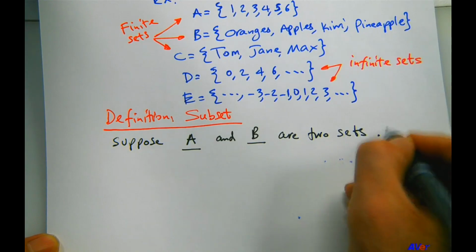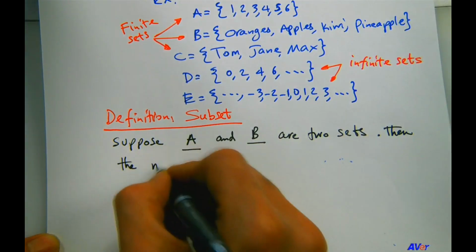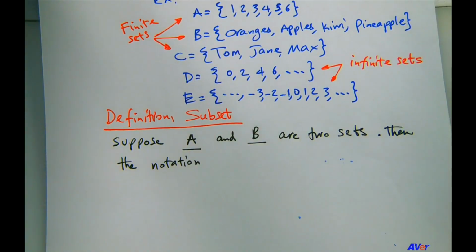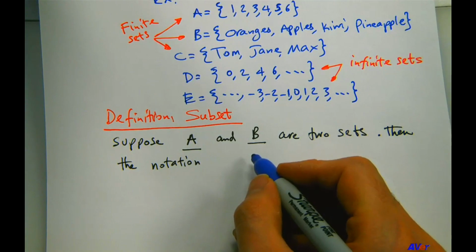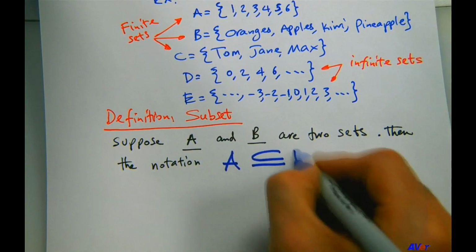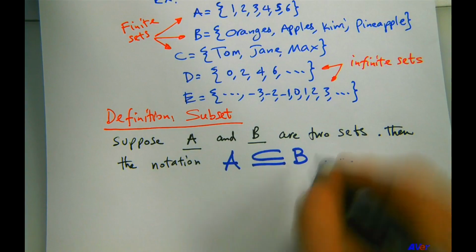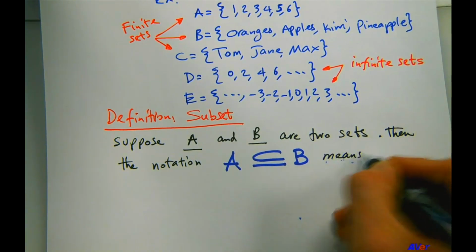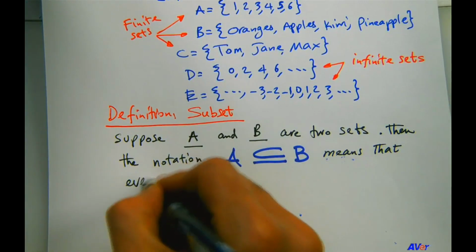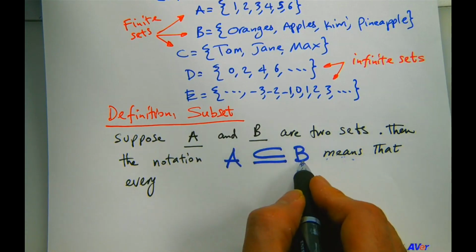Okay? And then the notation, and I want to use one of my thicker markers, the notation A like that means that every member of set A is also a member of set B.